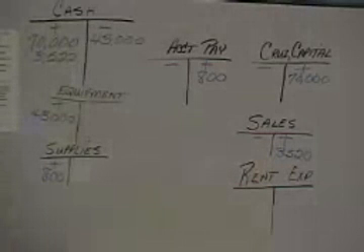Another transaction would be Cruz Auto Detailing paid rent for the month in the amount of $900. Rent is an expense. We said that expenses increase on the debit side. So if you are paying out $900 in rent, you are increasing the amount of rent that you have paid for the year.